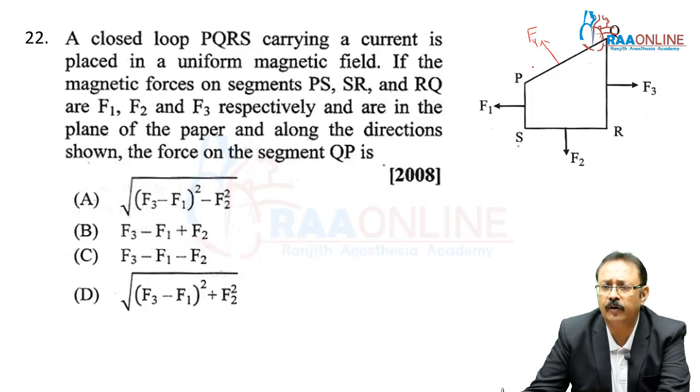So I am going to resolve this force F4 in two directions. If this angle is theta, it should be F4 cos theta, and we know resolution of forces in the perpendicular direction will be F4 sin theta.